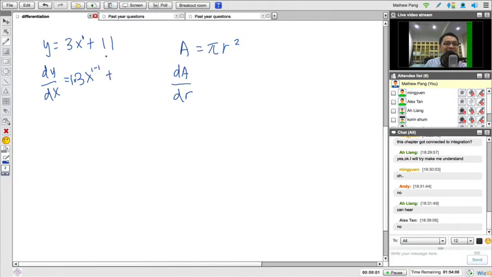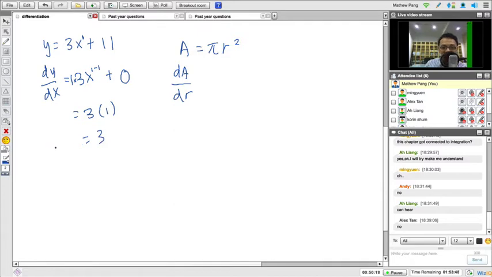Plus 11. If you differentiate 11, 11 does not have x at all, so you will get 0. So if you differentiate this one, 1 multiplied by 3 gives 3, and then x power of 0 gives 1. So you will get 3.